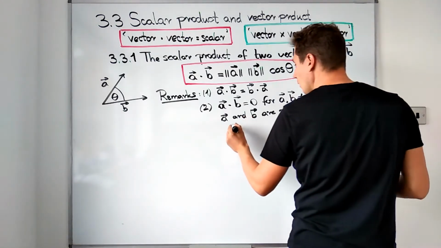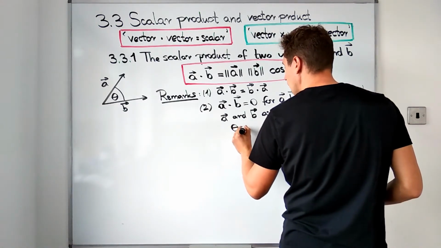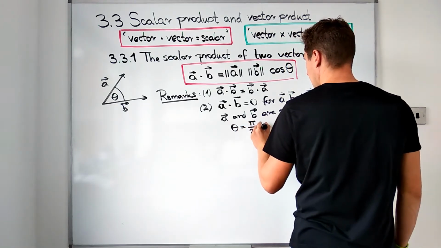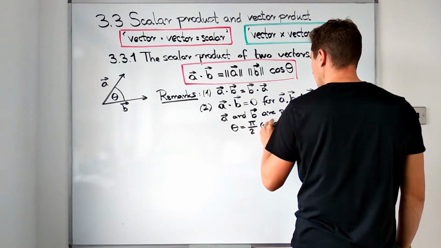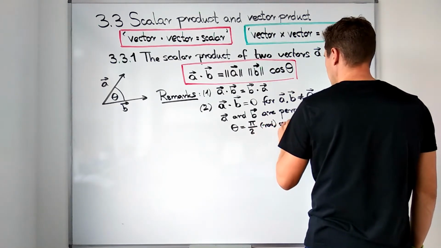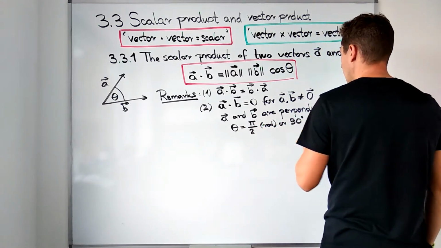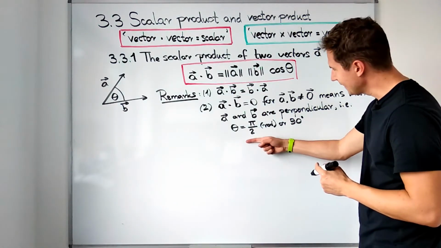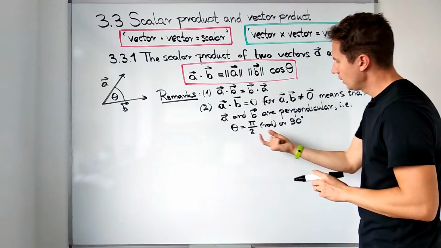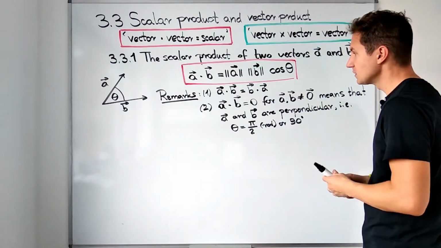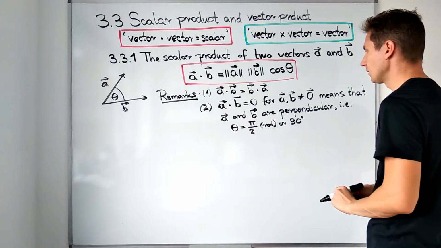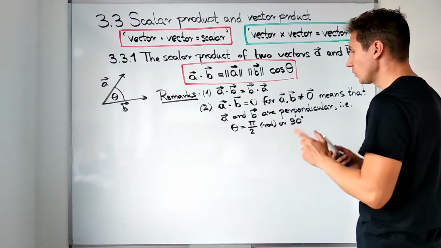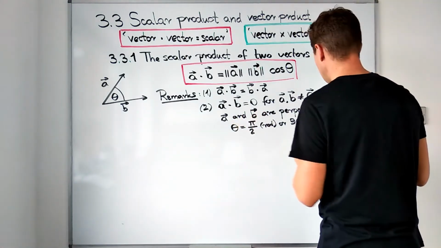Meaning that their angle in radians is pi over 2. Okay, so pi over 2 radians is the angle, or 90 degrees. So they have a right angle between them, because then the cosine of pi over 2 gives us 0. So this is how we can get 0 for the scalar product of two non-zero vectors. It only happens if these two vectors are perpendicular.